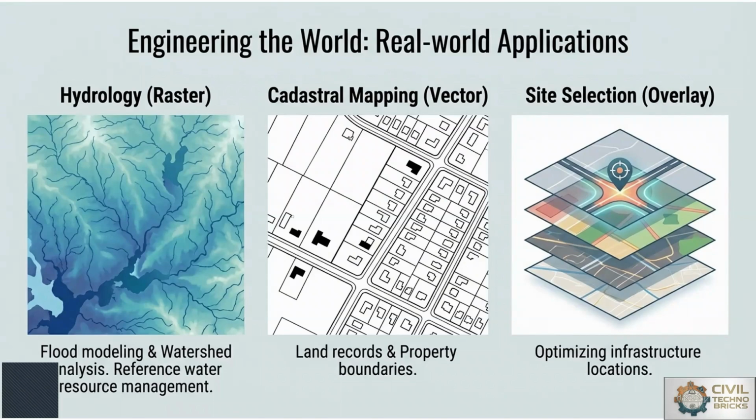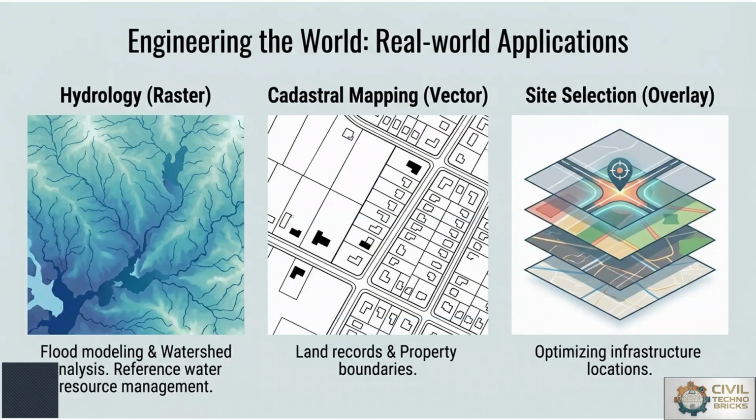Moving towards the engineering applications, or the real world applications, of raster to vector conversion or vector to raster conversion, or both at the same time, just like layer to layer overlay analysis. Important real world applications of remote sensing and GIS technologies in civil engineering are particularly in hydrology, cadastral mapping, and infrastructure planning.